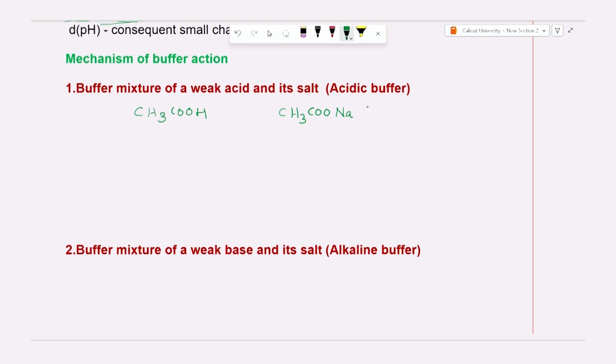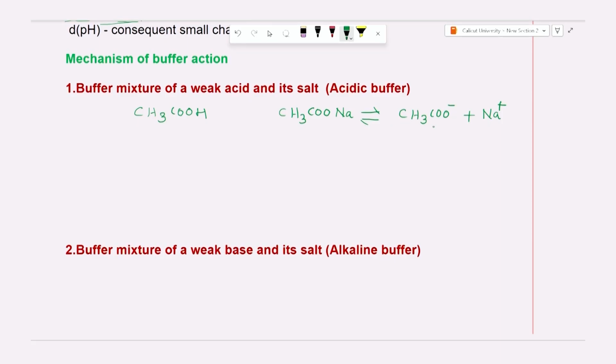So, I am going to neglect its dissociation, while this salt which is coming from a strong base will surely dissociate to form CH3COO minus and Na plus ions. So, when we take a solution, what are the ions present in it?